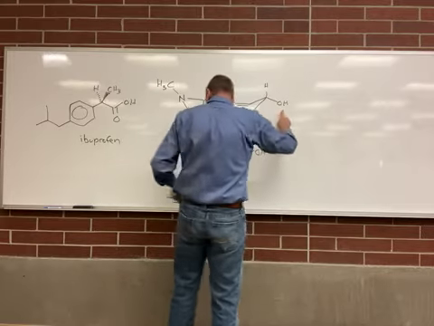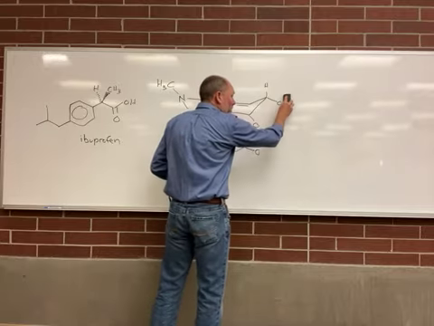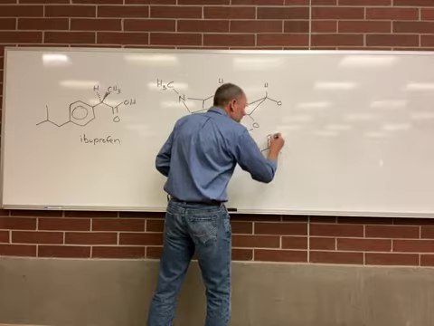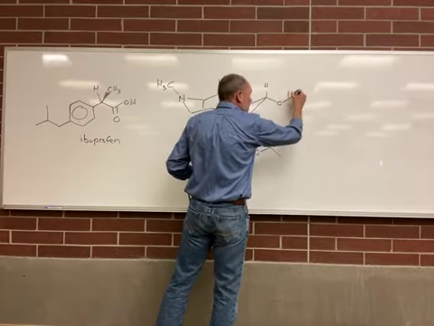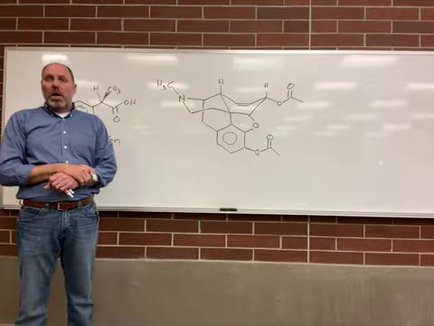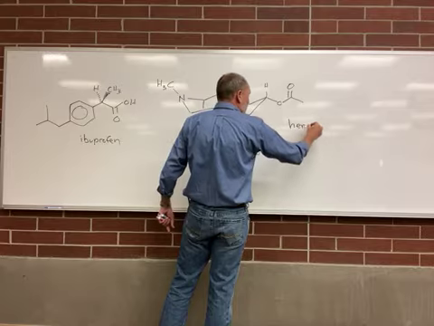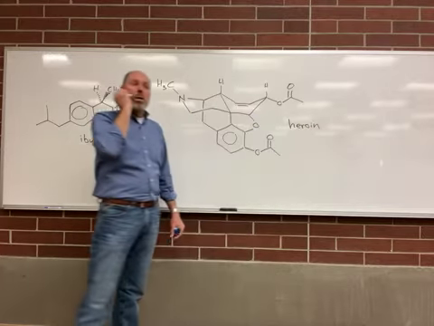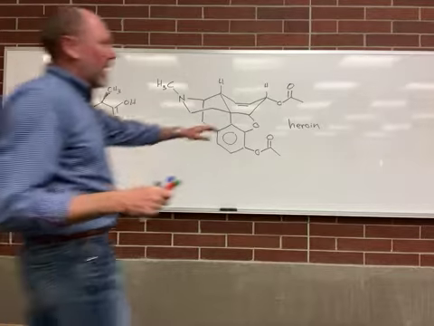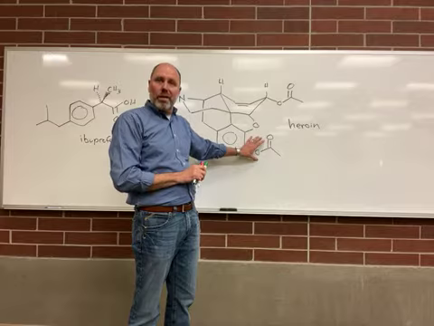An ester. So if I take morphine, the alcohols of morphine reacting with ethanoic acid, I put 2 esters on here. And I just went from morphine to heroin. Heroin is the diester form of morphine.